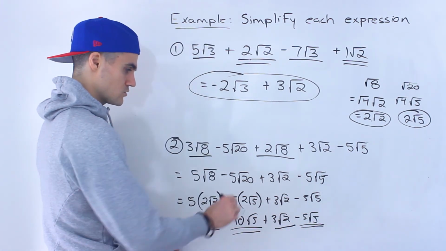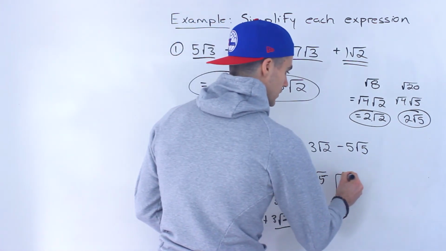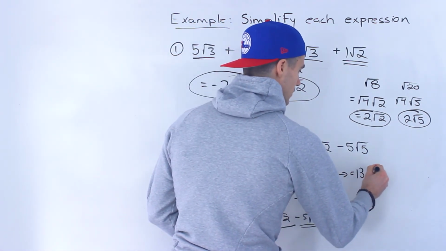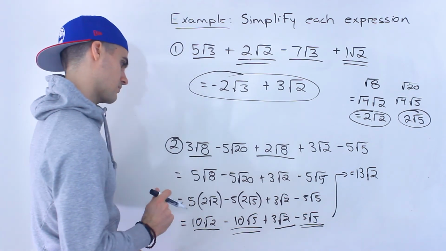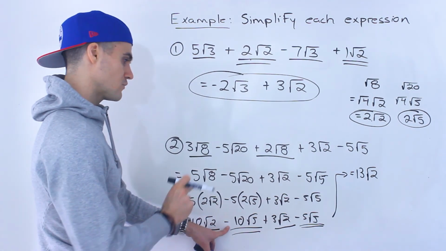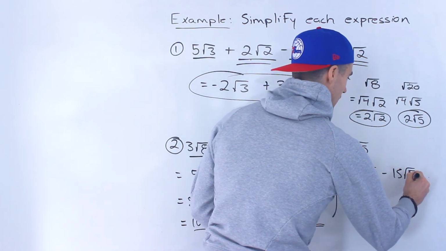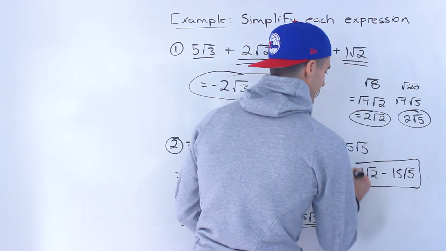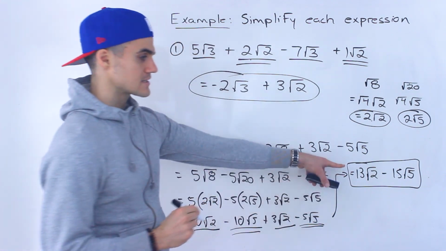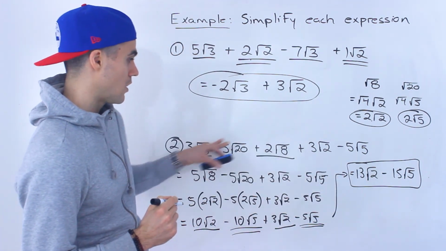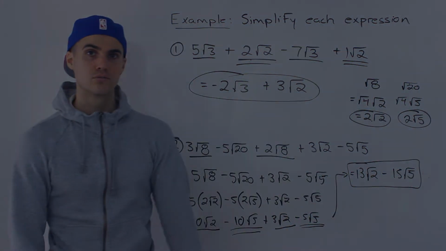So 10 root 2 plus 3 root 2 gives us 13 root 2. And then we have minus 10 root 5 minus 5 root 5, which gives us minus 15 root 5, like that. That ends up being the final answer. You can't simplify that any further. So all of this simplifies to that expression.